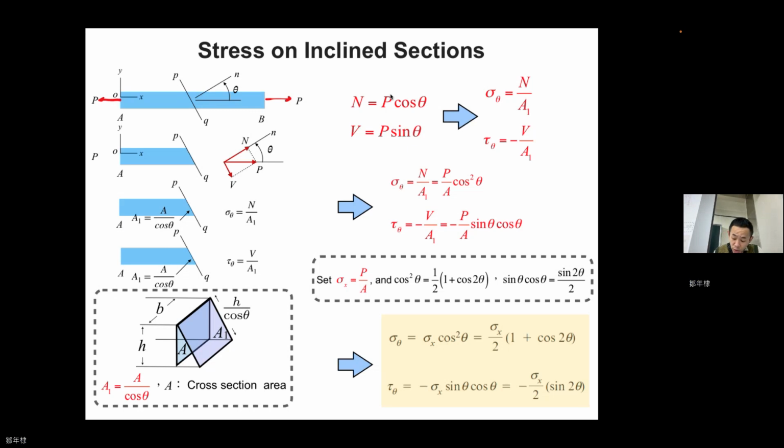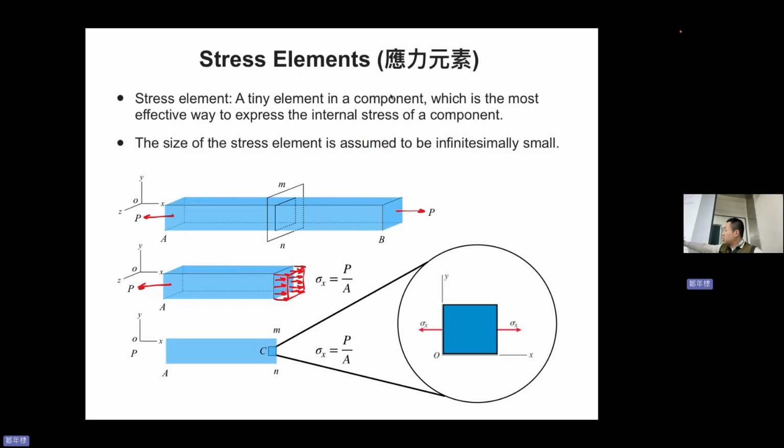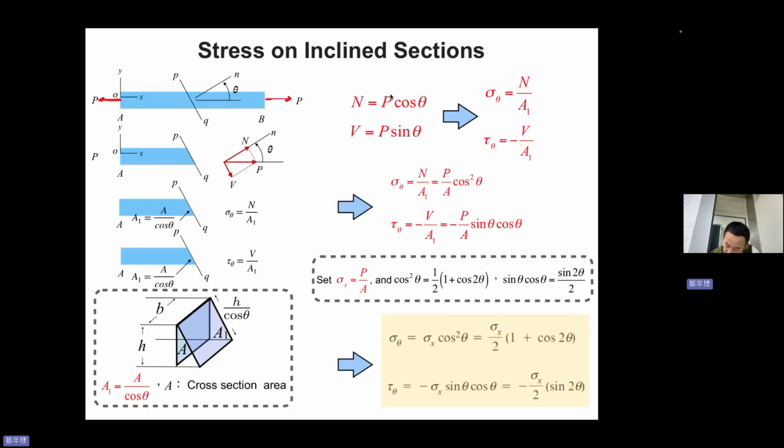And previously we said the stress element we plot here is a typical square. But now we are talking about if we plot the square in this direction, what will it be? We want to talk about the stress on that surface.